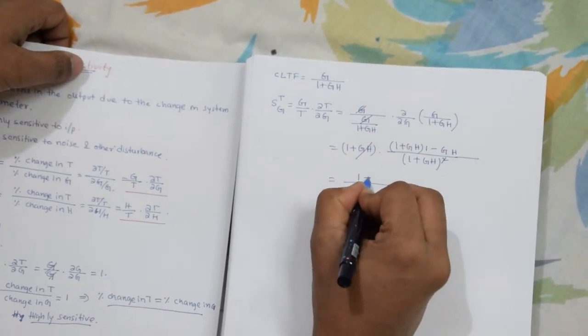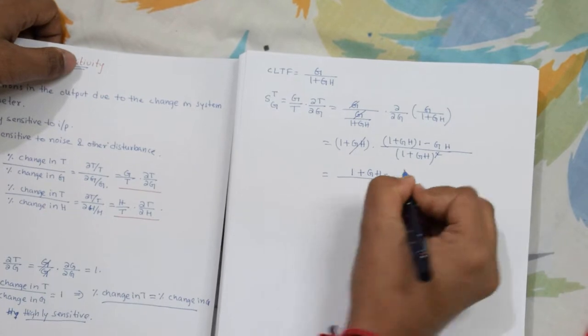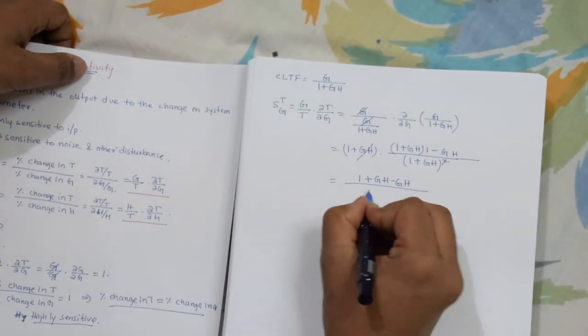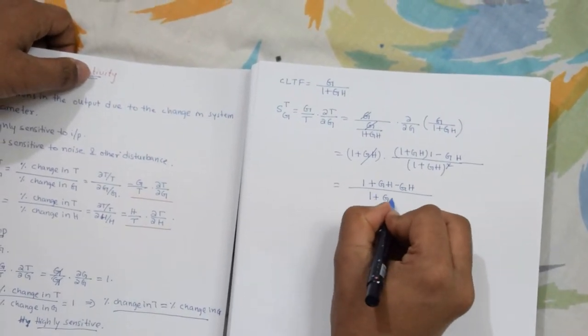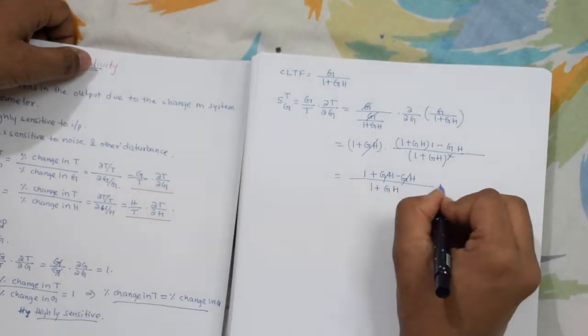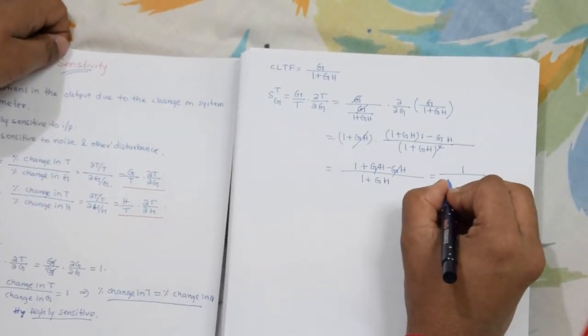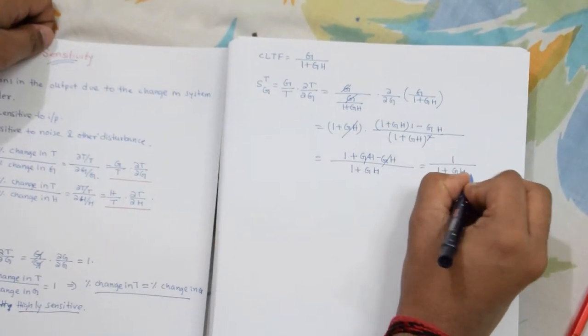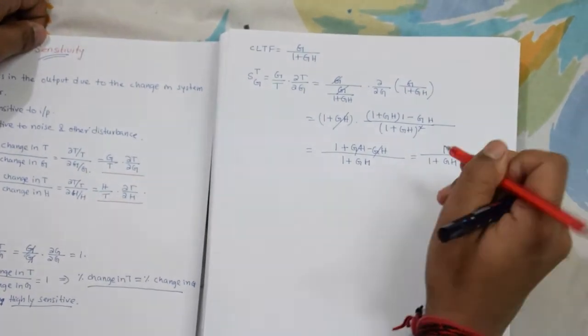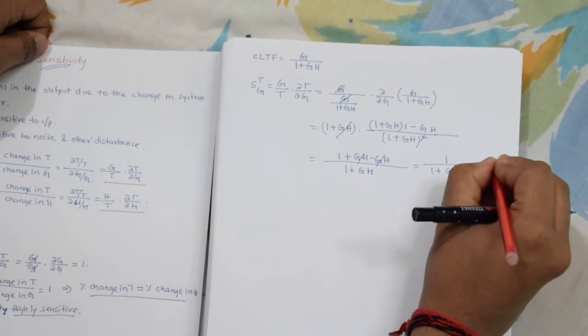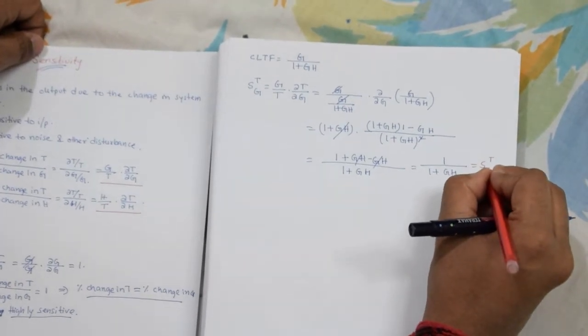It will be (1+GH minus GH)/(1+GH). So GH cancels out. It will be 1/(1+GH), which is equal to the sensitivity of transfer function with respect to open loop gain.